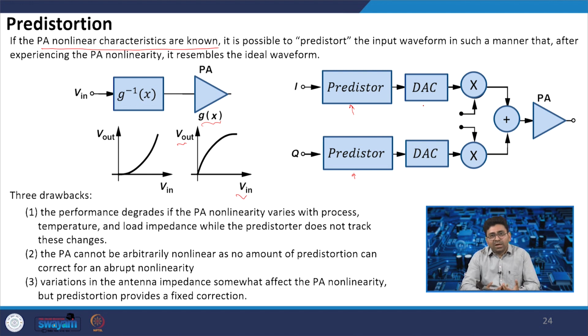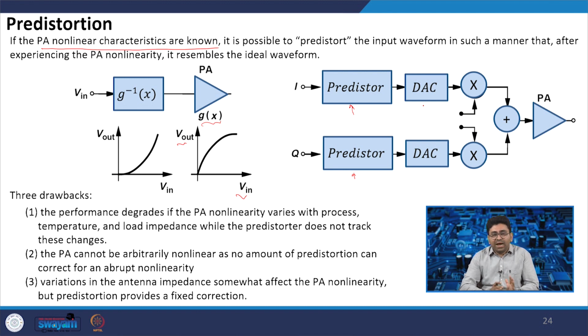What is the solution for this? In order to solve this problem, we need to add some feedback to the pre-distorter, so that the variable we have identified in the pre-distorter automatically changes with the way the power amplifier output linearity is changing.